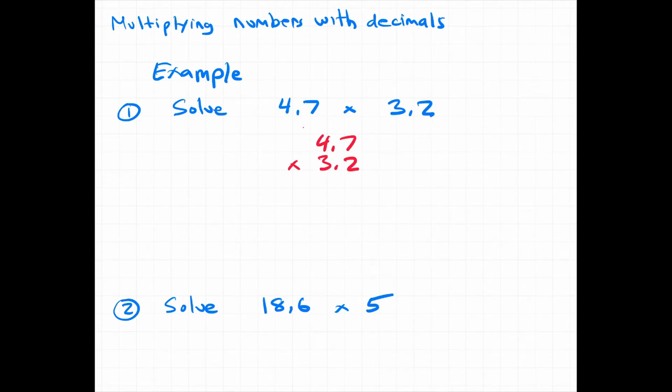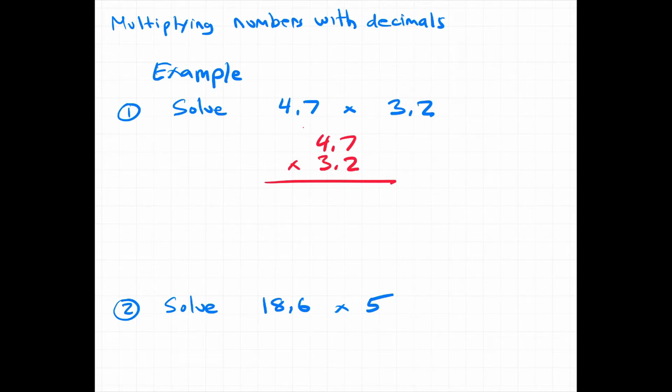Now in this case, the decimals line up, but with multiplication, it's not necessary to line up these decimals. Okay, we're better to keep the numbers sort of shifted to the right. Now, what you want to do in this case is just ignore the decimals right now. So right now, we're just going to pretend that those decimals are not there, and we're just going to do multiplication, assuming that this is 47 times 32.